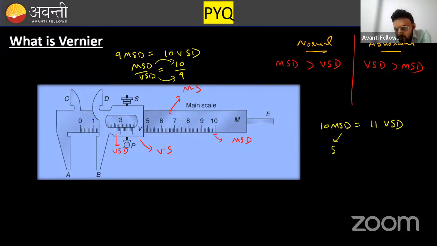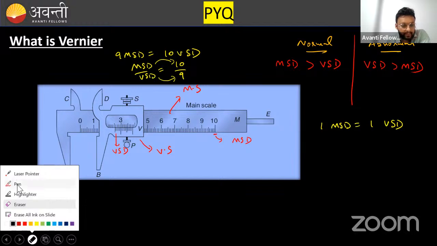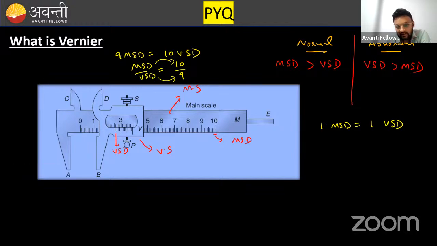Main scale divisions are smaller as compared to the vernier scale divisions. Now tell me, 9 and 7. Normal.